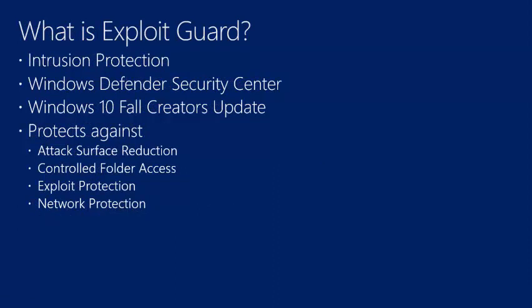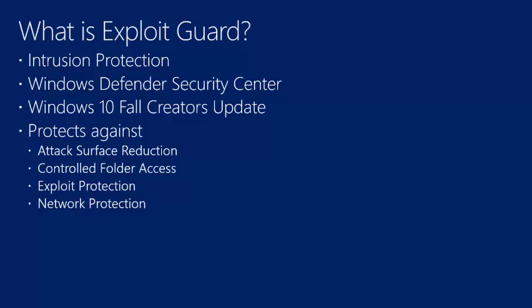Well, this is a big section we're just going to brush right over because this could take a couple of sessions on its own to really get into exploit guard. Effectively, exploit guard works in 4 areas. So intrusion protection for users with Windows 10, being able to monitor what's going on, prevent intrusions. This also will work with Windows Defender Security Center, basically a component of Windows Defender Security Center that's on the OS.